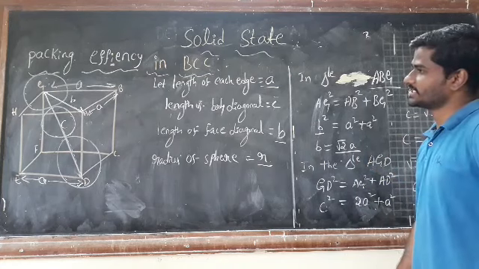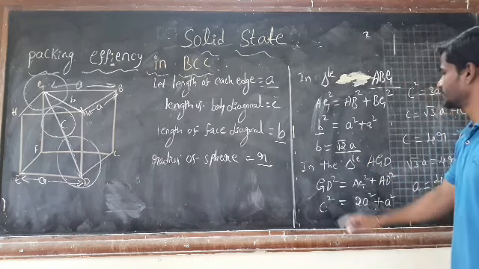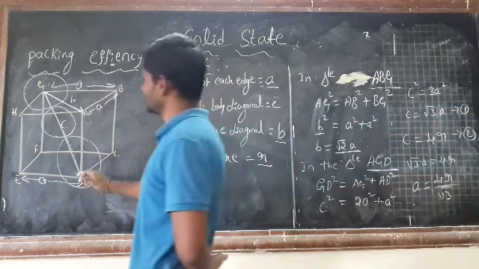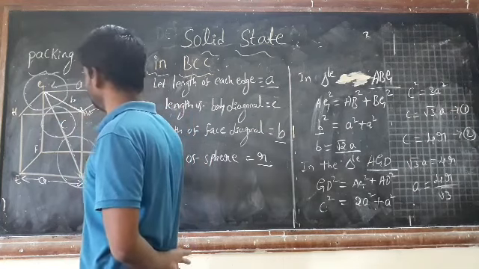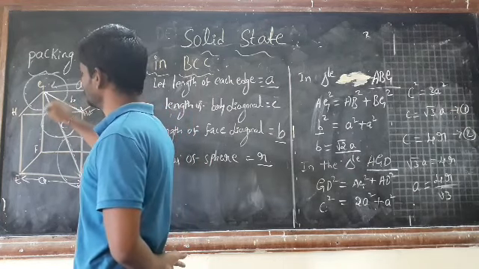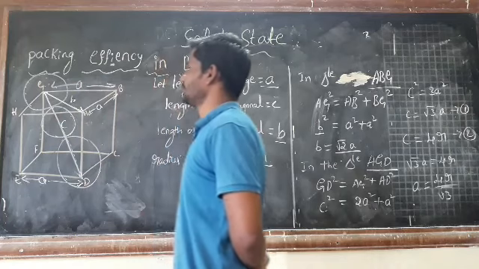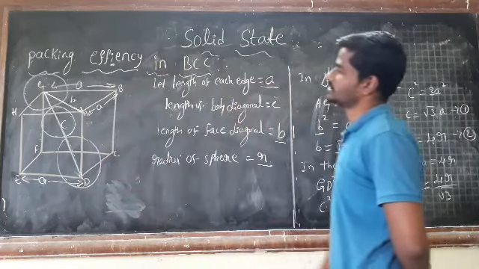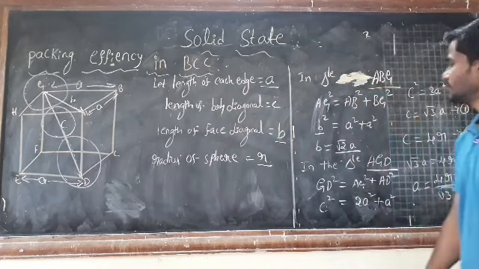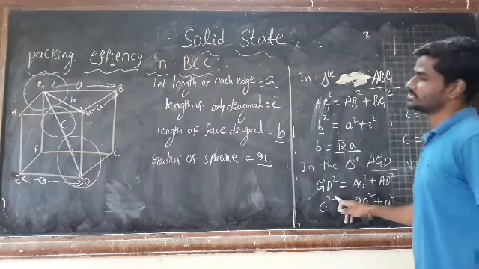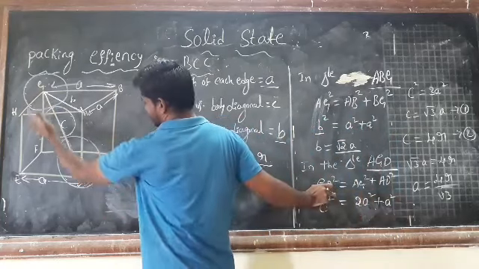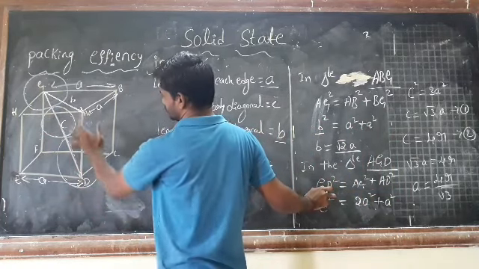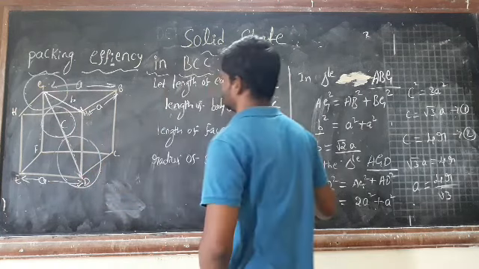Now we are considering another triangle, triangle AGD. Why are we considering AGD? Because one particle is present in the center of the body. Again Pythagoras, because it is a right angle triangle. GD square is equal to AD square plus AG square.